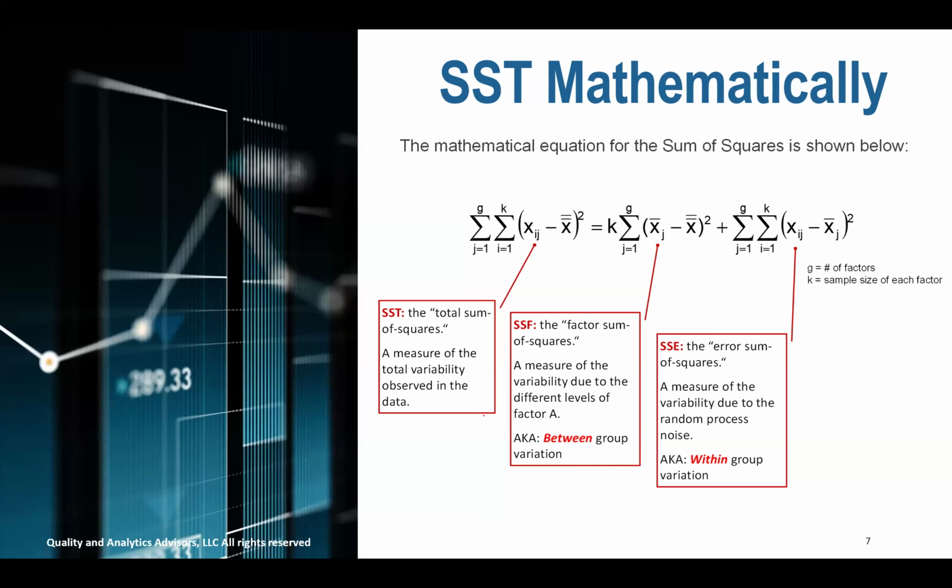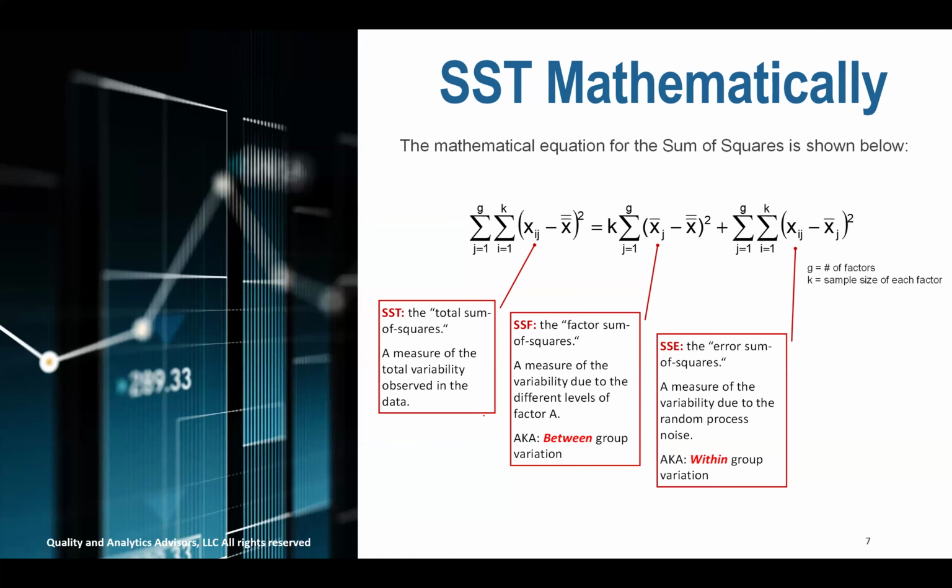So what we want to test is, does the treatment, in this case the design of the driver, have an influence on the distance? And if we can see that by calculating that the means are different, then we can state that the designs do have a difference in the means.